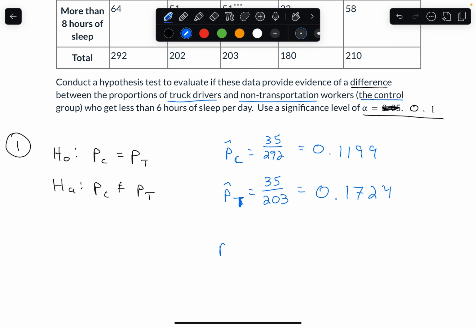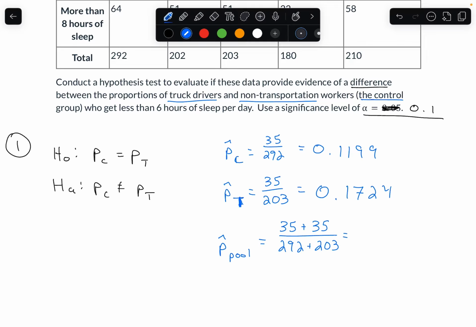I also want to know what is P hat pooled. So for P hat pooled, remember we're combining these two things. Essentially, we're just going to be adding our numerators and adding our denominators. So we're going to take 35 plus 35 divided by 292 plus 203.